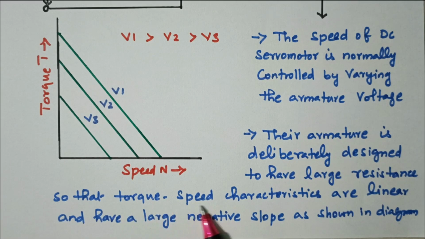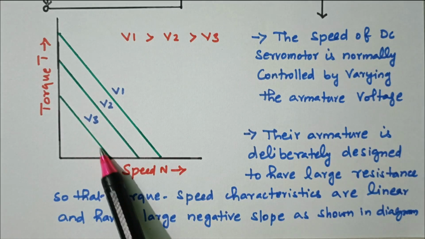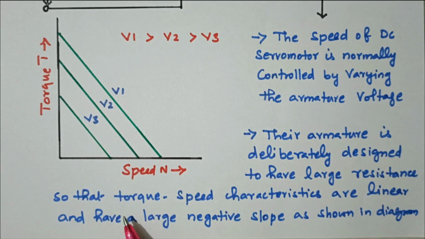So the torque speed characteristics are linear. It goes in a linear manner, not parabolic, and has a large negative slope. So we have a large negative slope and also linear variation. Any small change in voltage will change the speed and torque in a linear manner, not in a parabolic manner. Now we'll see what is the advantage of this negative slope.